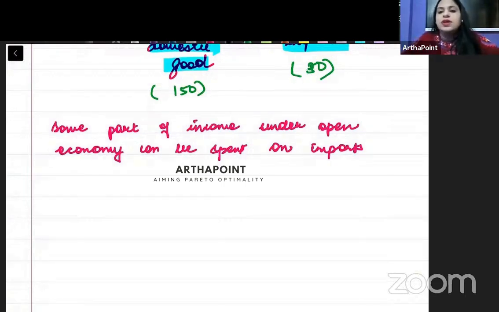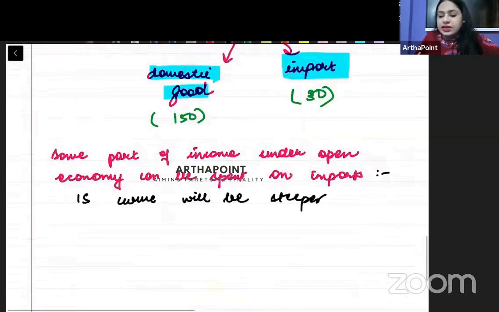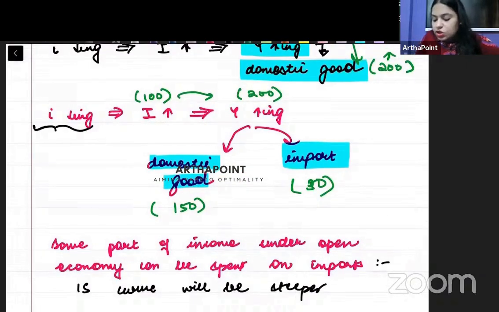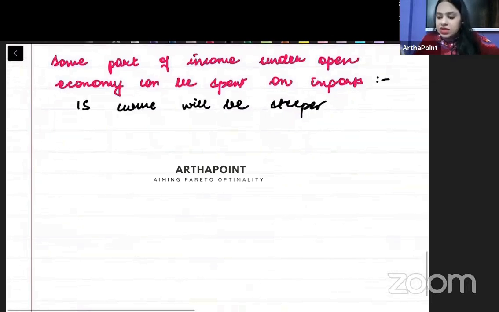So because you are spending some part of income on imports, it means that your IS curve will now be steeper, because when the interest rate will be decreasing, your domestic spending will now be increasing by less amount. 150 से ही बढ़ी है, 200 से नहीं बढ़ी.